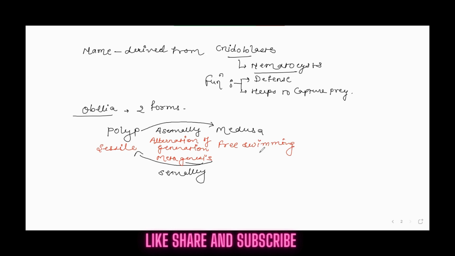Okay, and lastly their examples. So example is Physalia, that is also called the Portuguese man of war. Then Pennatula is another example, that is common name sea pen.